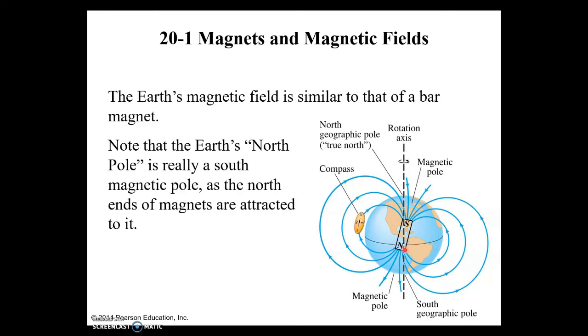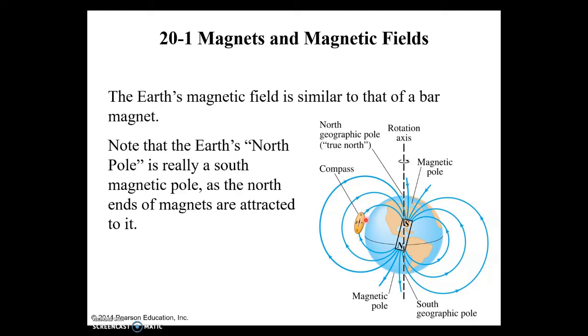Now, you have noticed that this magnet down here seems backwards. South is on top and north is on bottom. That's not a mistake. Let me explain. Remember that we said that when you have a magnet, the north pole is attracted to the north pole of the Earth. Well, that's kind of ironic because opposites attract and likes repel. So if the top of the Earth were the north pole of a magnet, then it would actually be repelling the north pole of your magnet that you have.